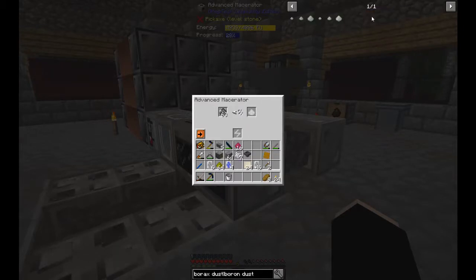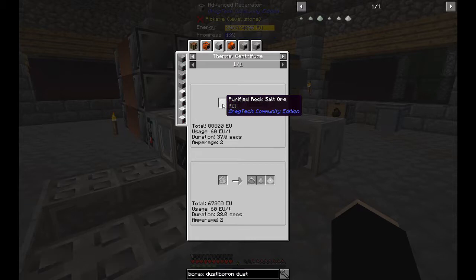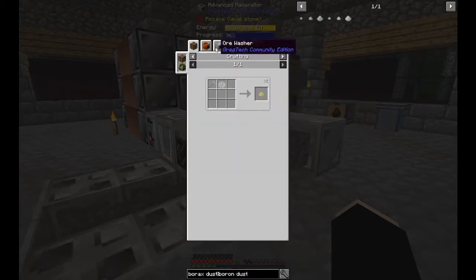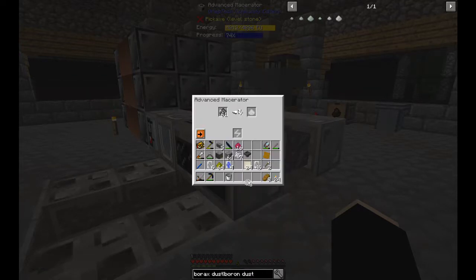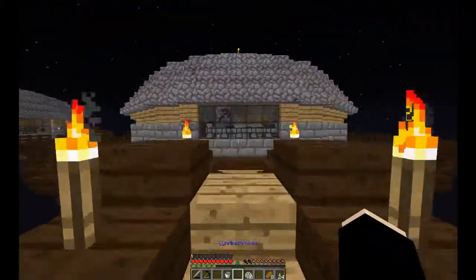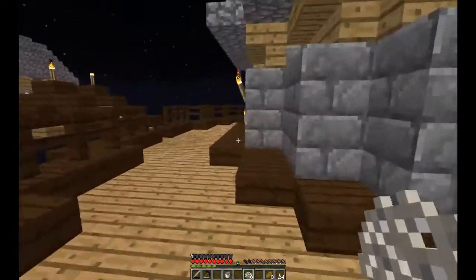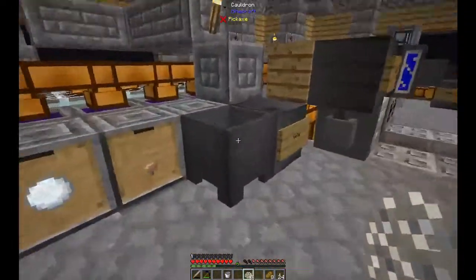Should give you that. Crushed. And this can be washed dry to be purified. I'm pretty sure I can. Let's see if we can wash this in the cauldron. I mean, I can always get more salt ore, right? We get plenty of that. And I also have the rock salts. I have 4 stacks of that. Let's see.